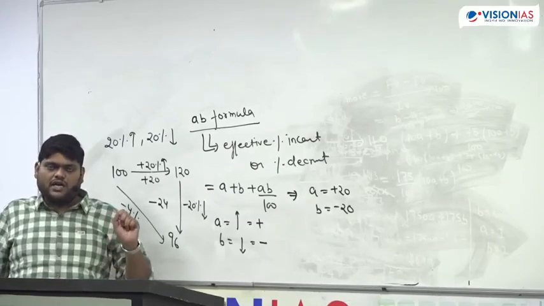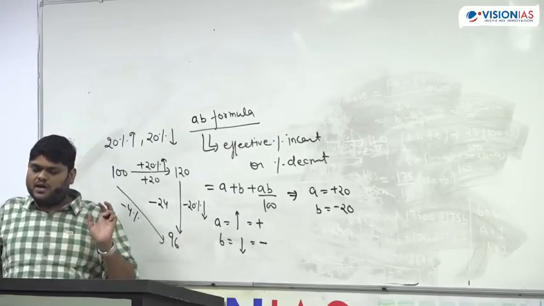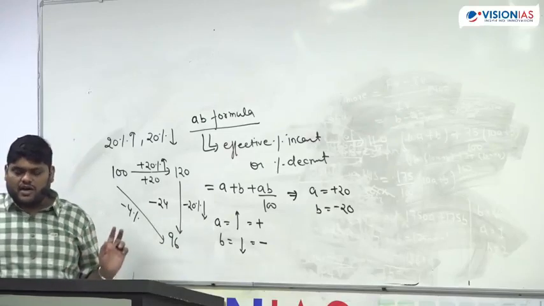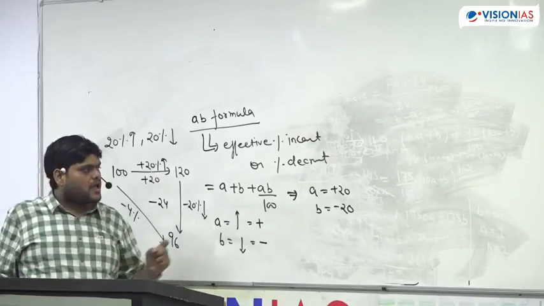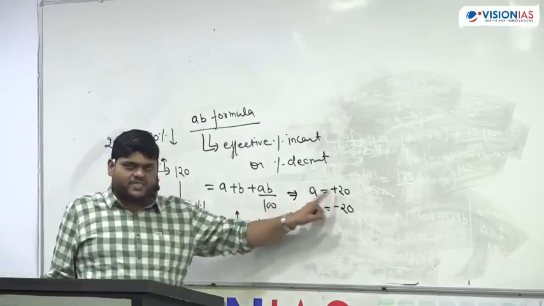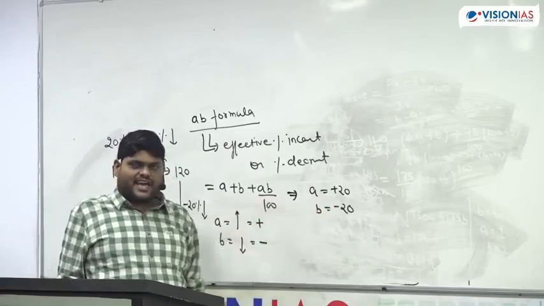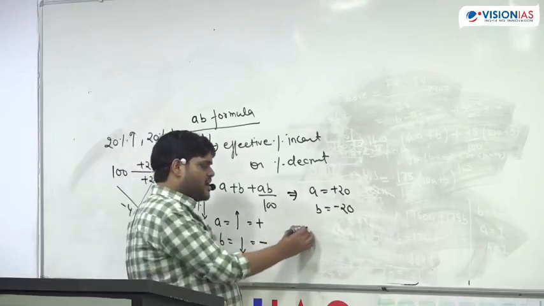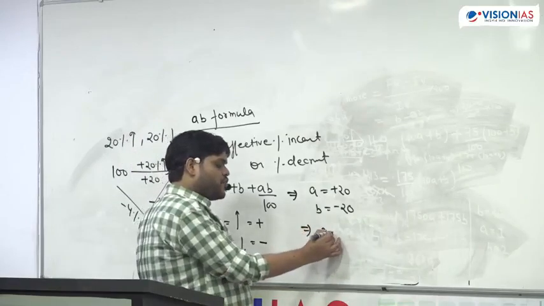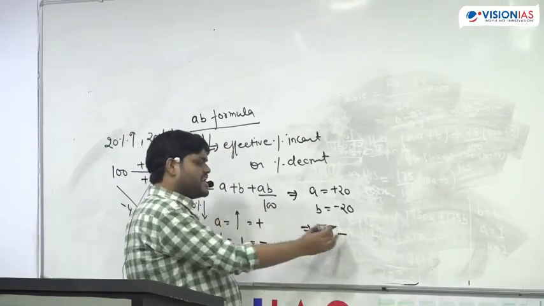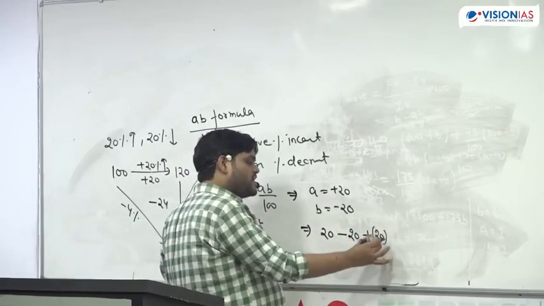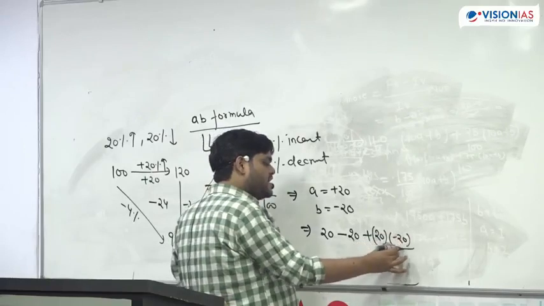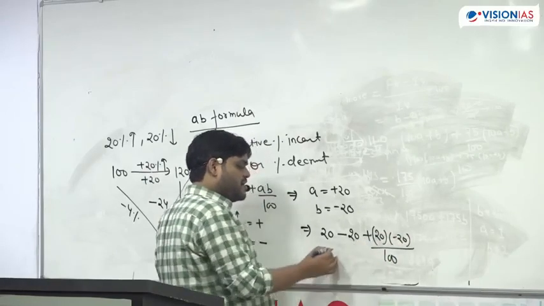Very good. If you are able to solve the previous one, I am damn sure you are going to solve all or most of the problems of the UPSC also. So here I will take A as positive, B as negative. Now we can apply the AB formula: 20 plus minus 20, plus 20 into minus 20 upon 100.